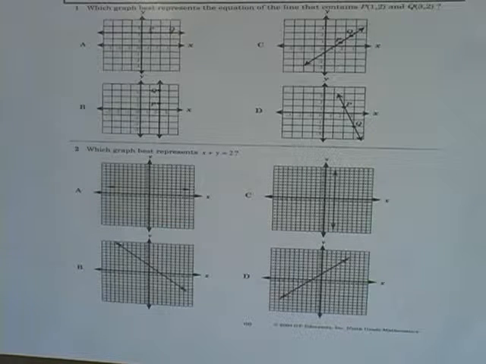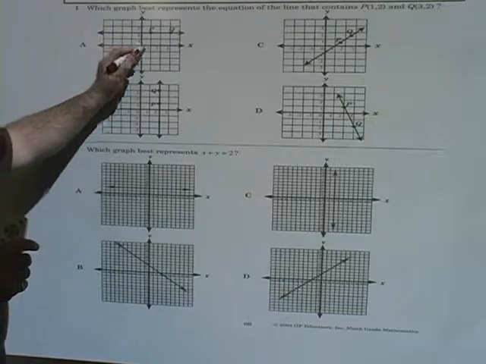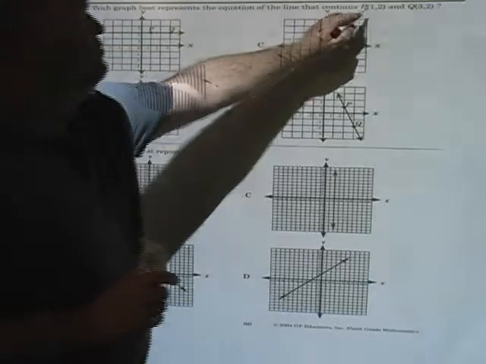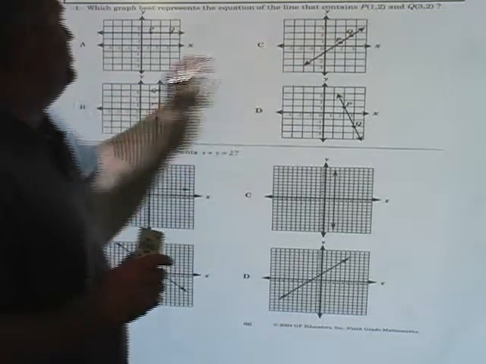Okay, which graph best represents the equation of the line that contains points P and Q? We're given point P is 1, 2, point Q is 3, 2. So all you've got to do here is graph those 2 points. And I'm going to do it right here. P is 1, 2.